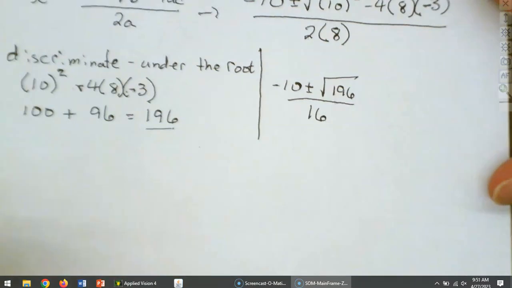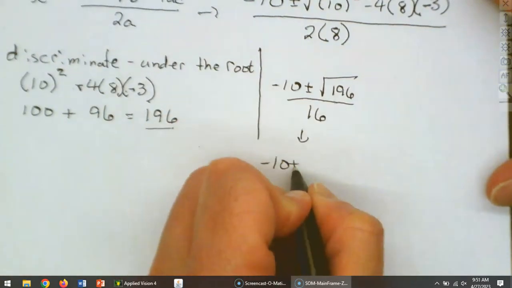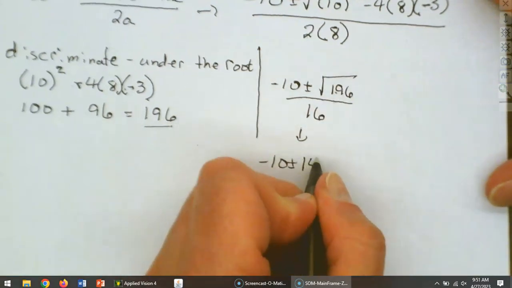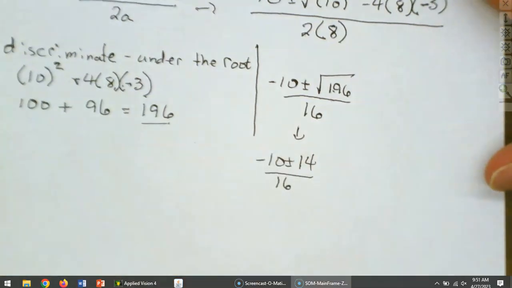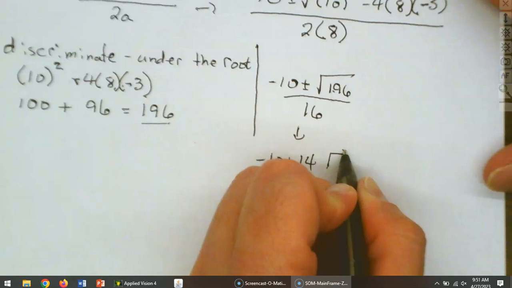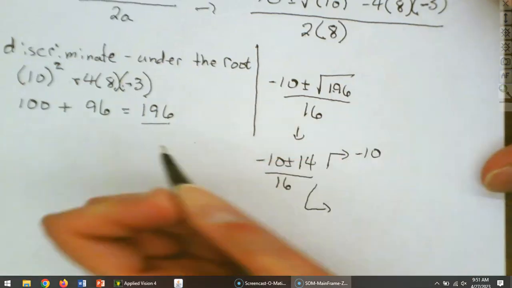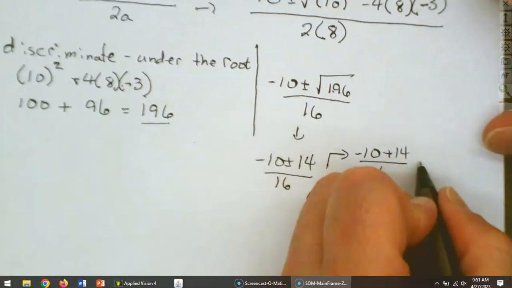So now we're going to rewrite this again. And that's going to be minus 10 plus or minus square root of 196 was 14 over 16. Now, we do need to get our two solutions here. And that's going to be minus 10 plus 14 over 16.